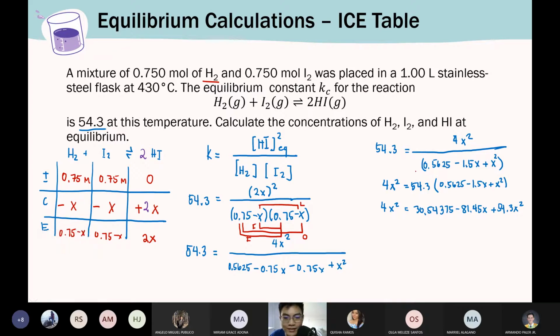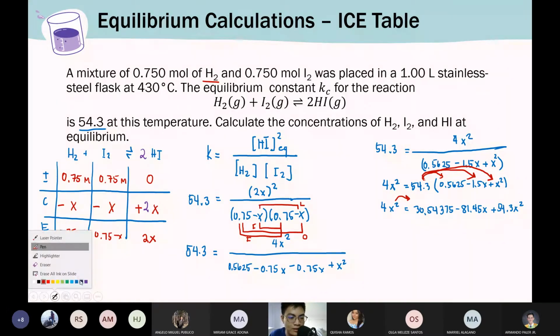Okay? I distribute this here, distribute it there, distribute it everywhere. Okay, and then ano gagawin natin? Pagsama-samahin ang pare-pareho. Okay, so I will need to put my 4x to the other side. Lipat ko yung 4x dito.